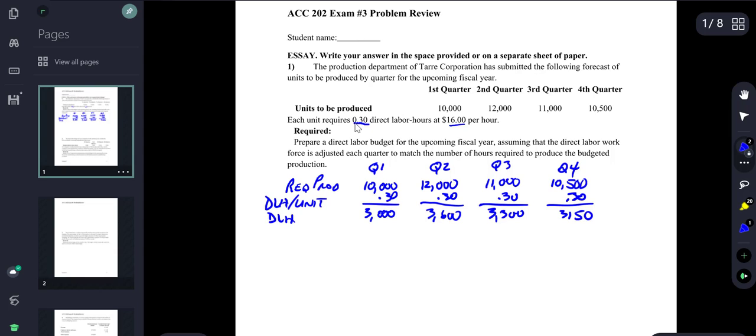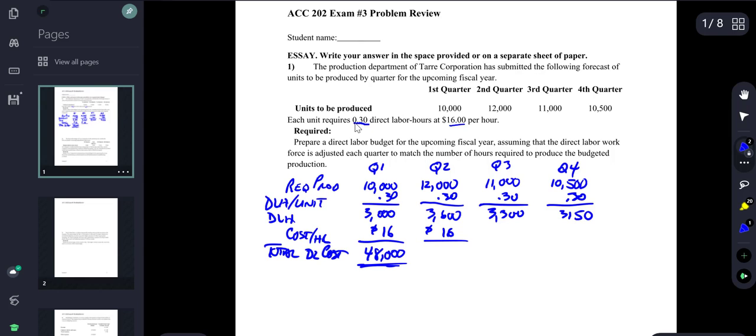And then we're going to multiply those by the cost per direct labor hour, or cost per hour. And so we have $16 an hour in this case. So 16 times 3,000 gives us a total direct labor cost of 48,000. This is 3,600 times 16.